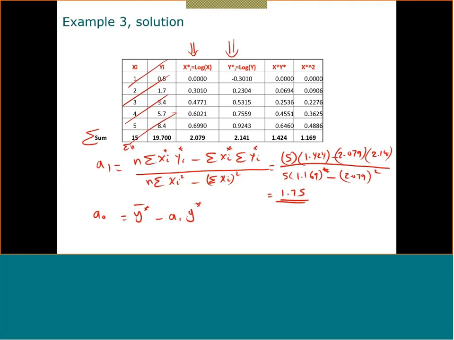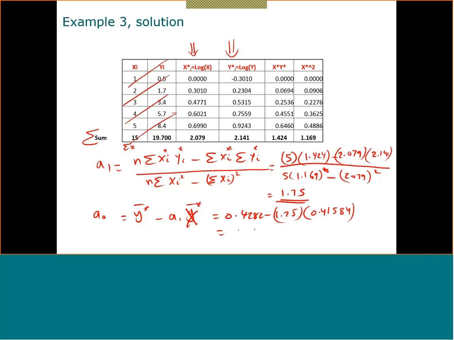The average of y star is equal to 0.4282 minus A1, which is 1.75, times the average of x star, which is 0.41584, and this will give me a value equal to minus 0.334. Okay, so I found now A0 and A1.